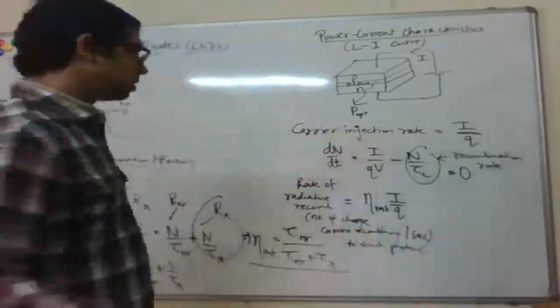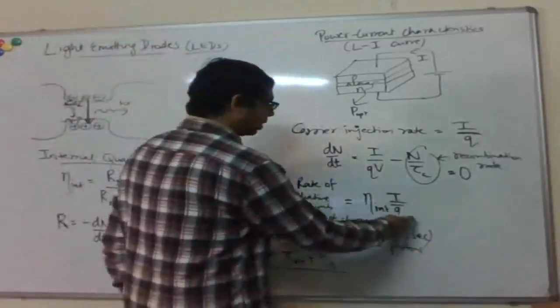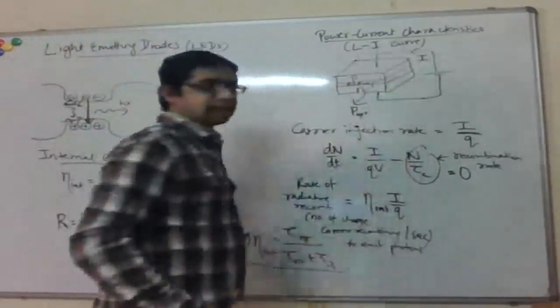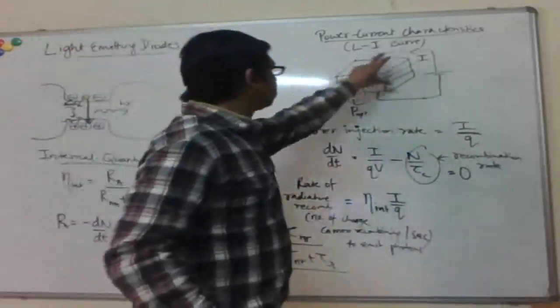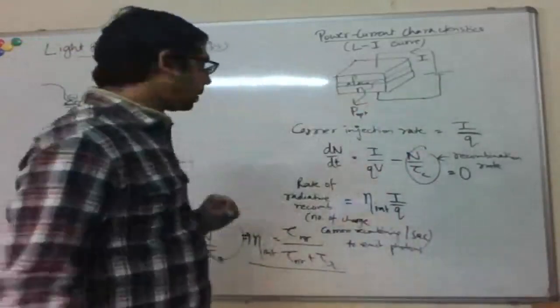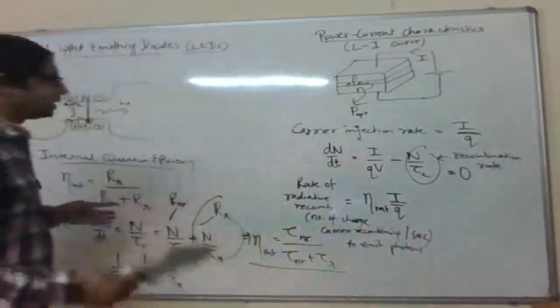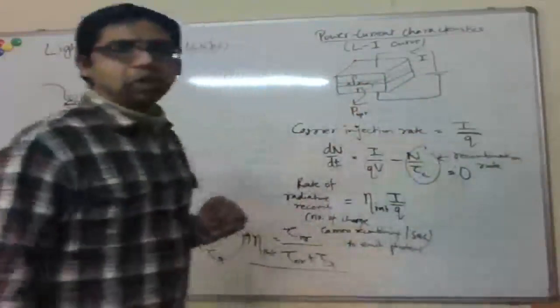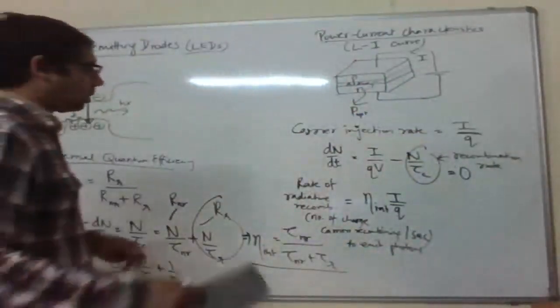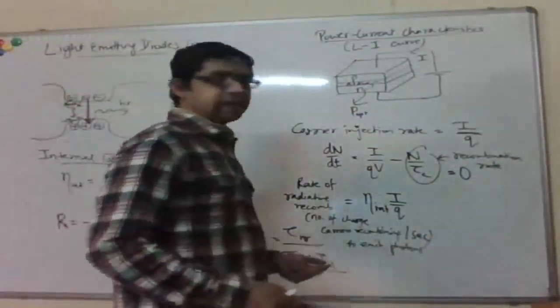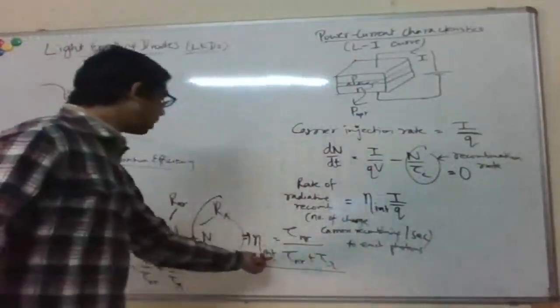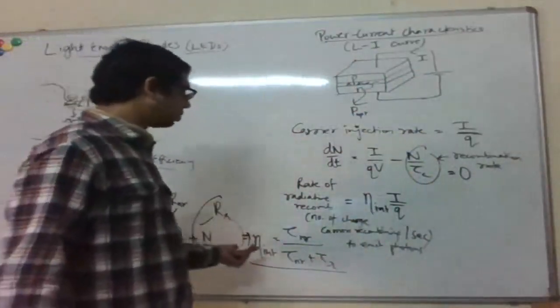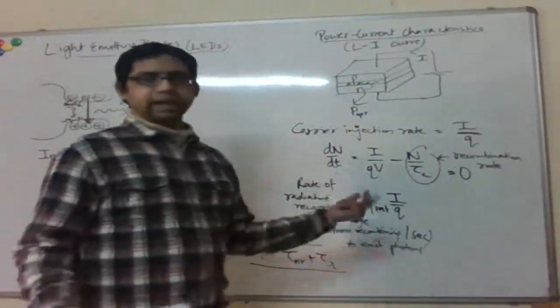Which also makes sense because, recall this I over q is the number of charge carriers coming into the device, right? And in steady state, basically, this rate is equal to the total recombination rate, and out of them, how many are recombining radiatively is basically the internal quantum efficiency, right? Which is the fraction of charge carriers which combine radiatively.